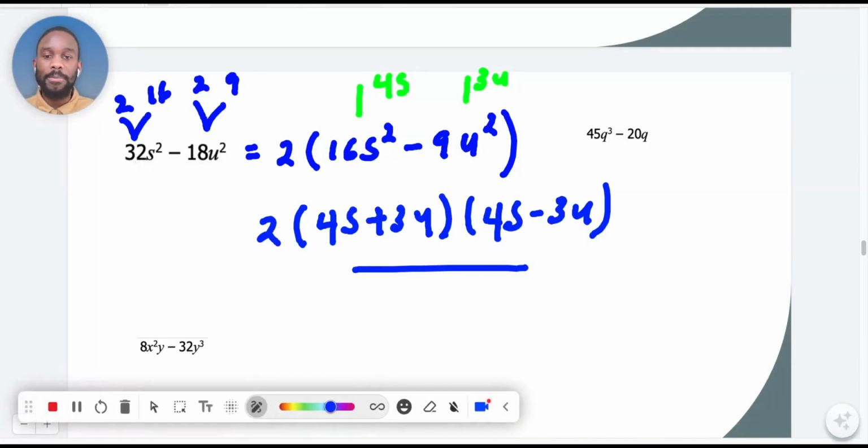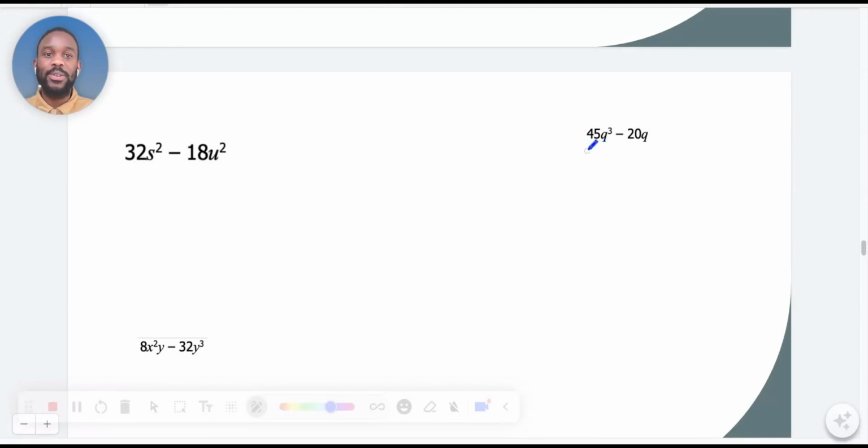Let me give you another example. Looking at these, not a difference of squares, 20 is not a square number. But looking at them, they have common factors. These coefficients have common factors, right? I can multiply 5 by 9 to get 45. And also here I can multiply 5 by 4 to get 20. And then I can take out 1q because 1q is common before you get to q cubed.